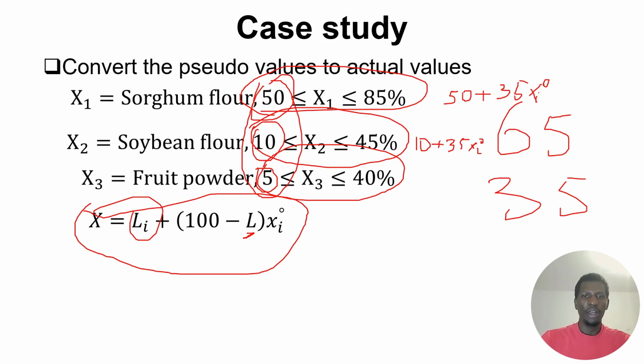Then for fruit powder, the equation will be 5 plus 35 times x of i. The x of i for x2 are the pseudo values of soybeans, while the x of i for x3 are the pseudo values of the fruit powder.